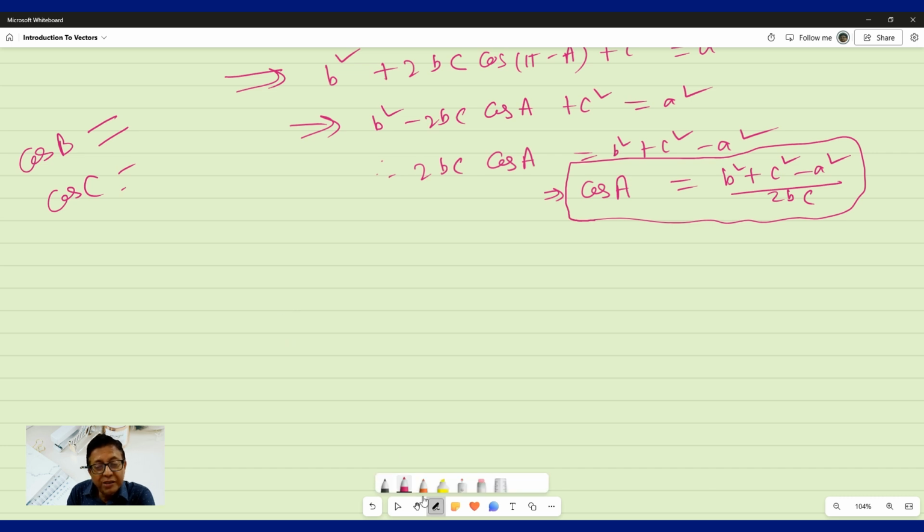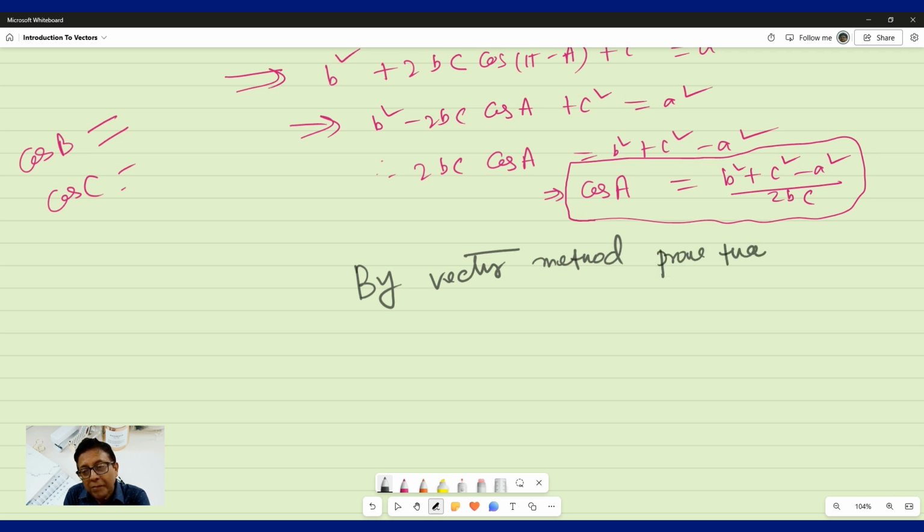By vector method, prove that the angle in a semicircle is a right angle.